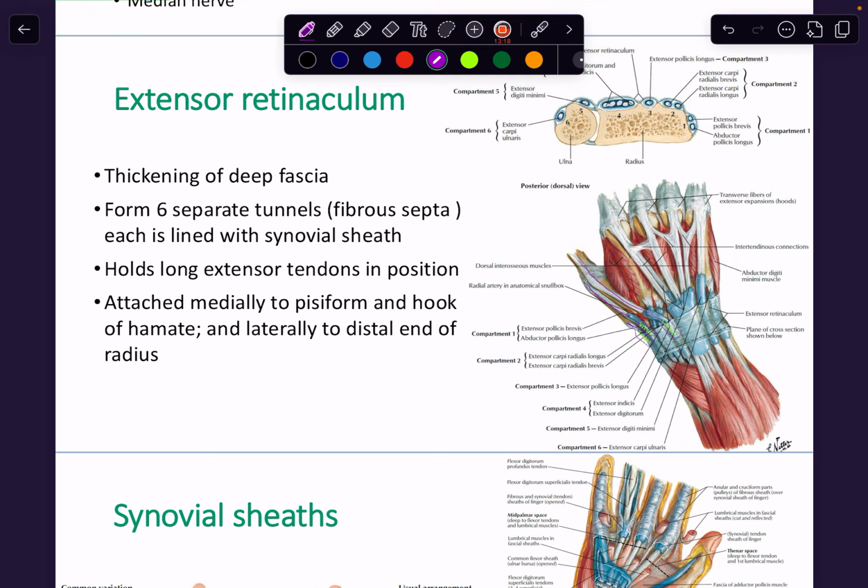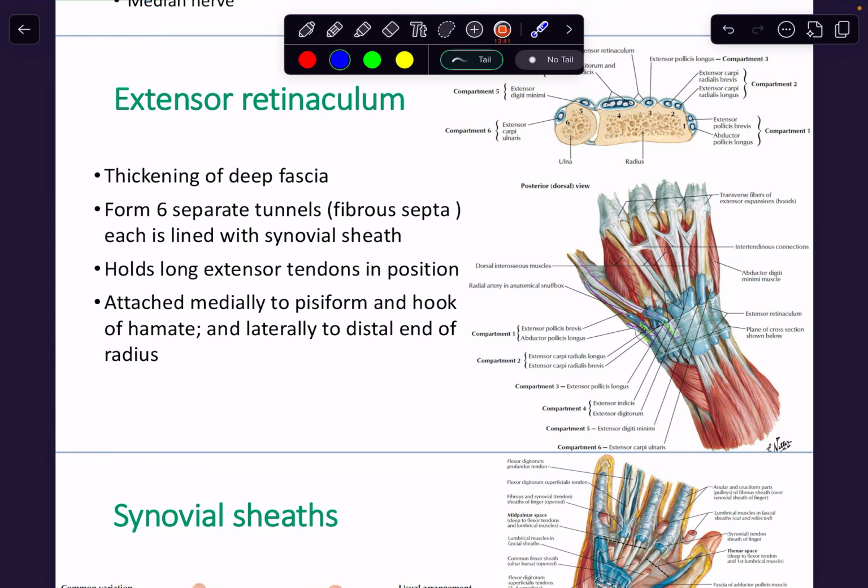Third, extensor pollicis longus, the medial boundary of the snuff box, is very tricky. It has to go on the lateral side, but it comes from the medial side and goes above. It is very dodgy. So this is the single one, the third compartment alone.